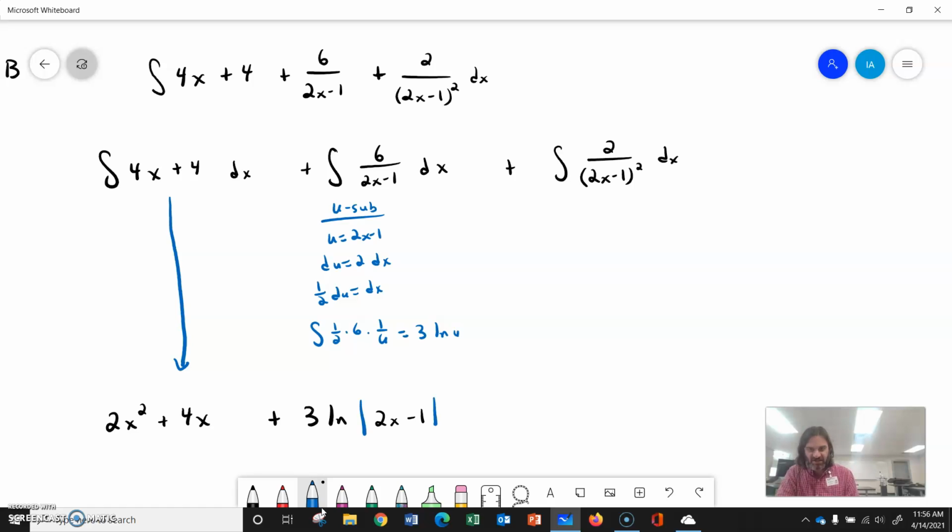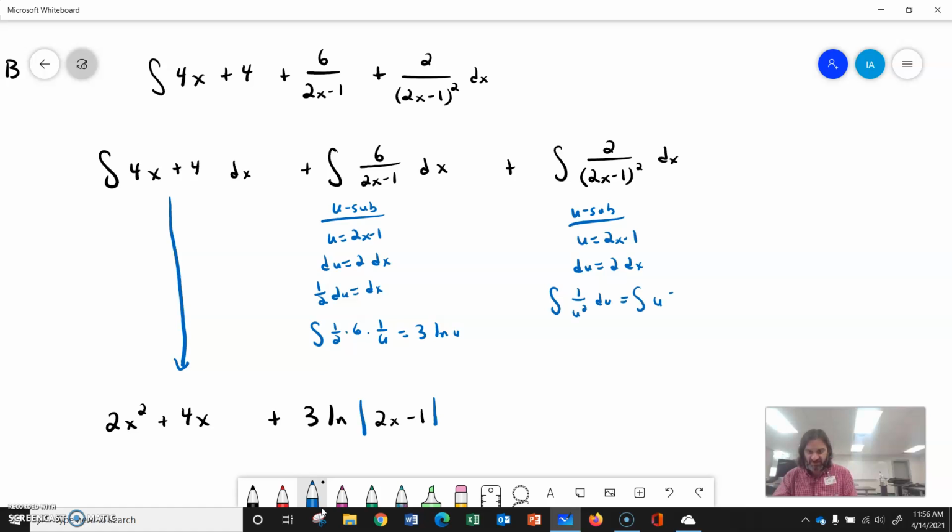Okay, and then the last part, 2 over 2x minus 1 quantity squared. That's another u sub. So u equals 2x minus 1, du equals 2 dx. That's a lot better actually. So this is 1 over u squared du.